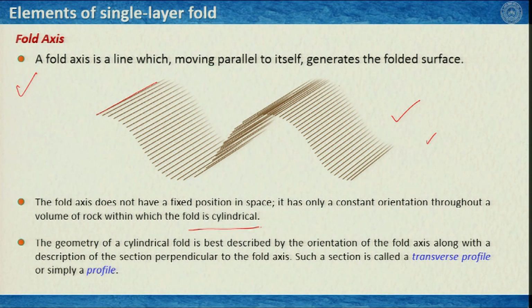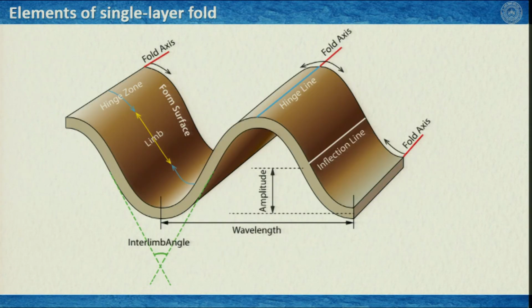Now, this particular section, or this particular plane, is known as the transverse profile, or simply a profile or cross section of a fold. We will see later that if we cut the fold in different sections, the appearance of the fold would change drastically.